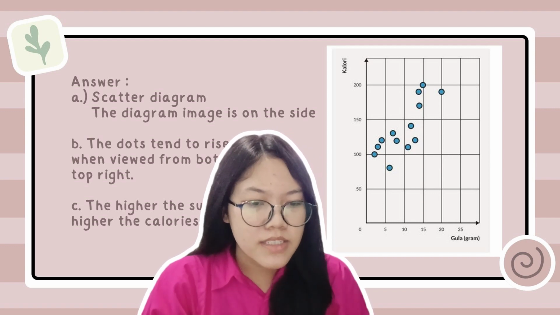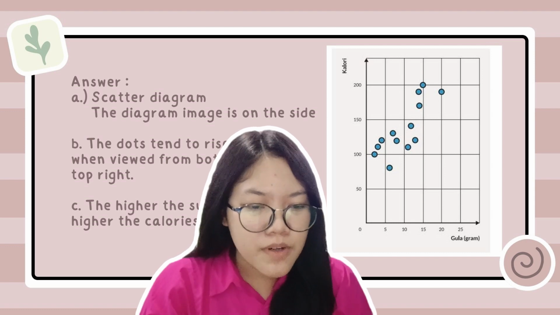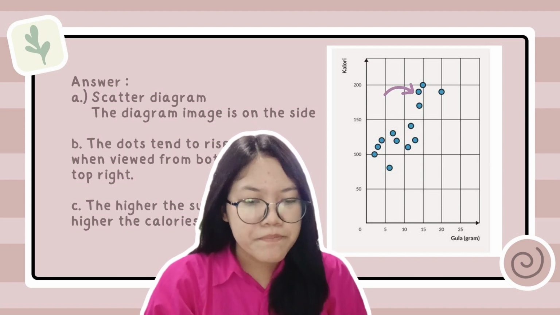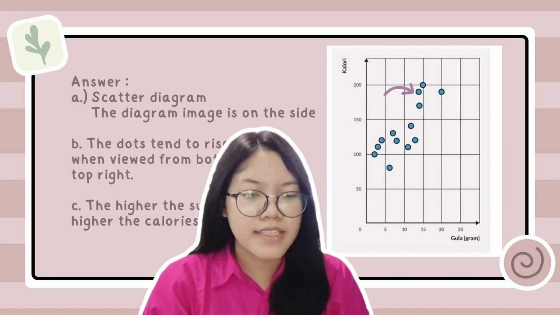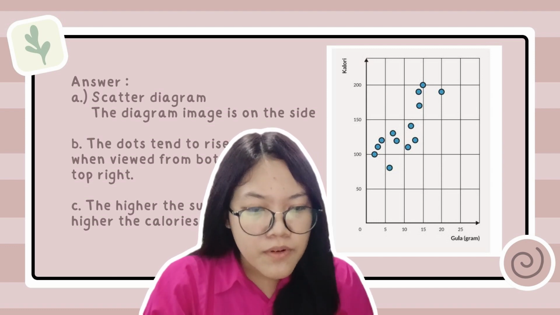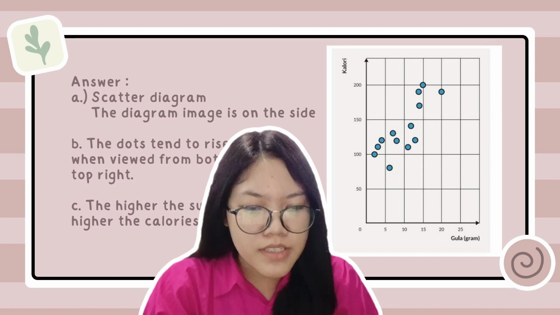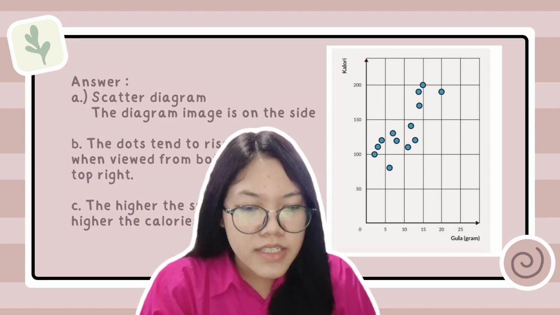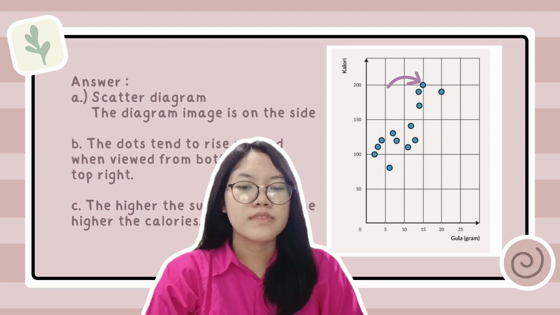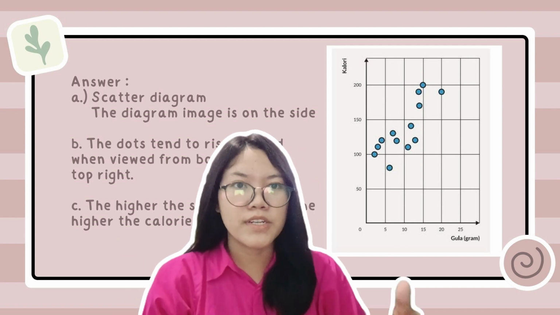For 14 grams of sugar, the calories are 190. And for 15 grams of sugar, the calories are 200, and so on, guys.